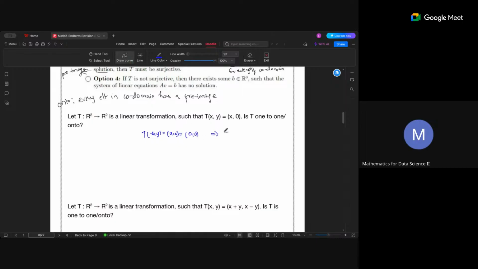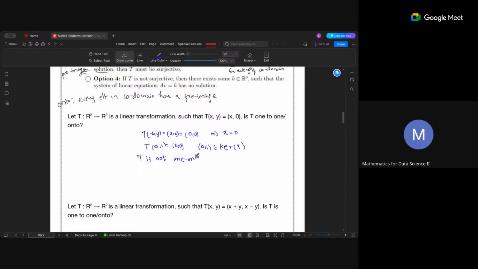Now what does this say? It tells x is equal to 0. Now what is the image of T of (0, 1)? (0, 0). So it means that (0, 1) belongs to the kernel of T. Now tell me, is T 1-to-1? No. So T is not 1-to-1.